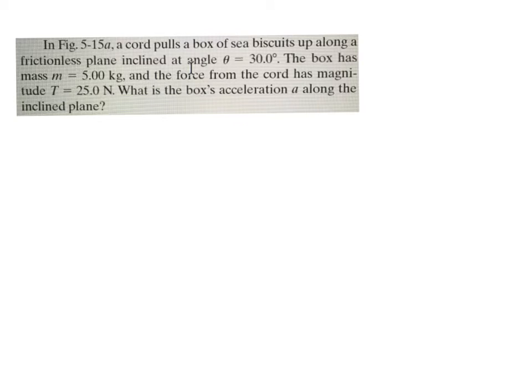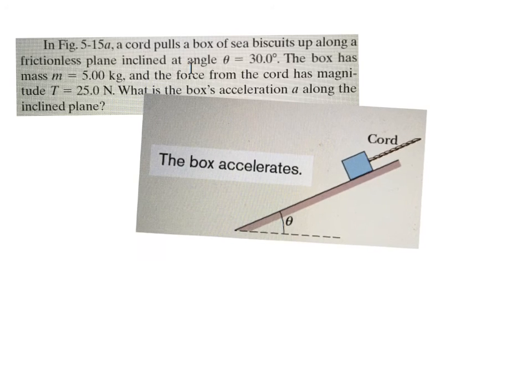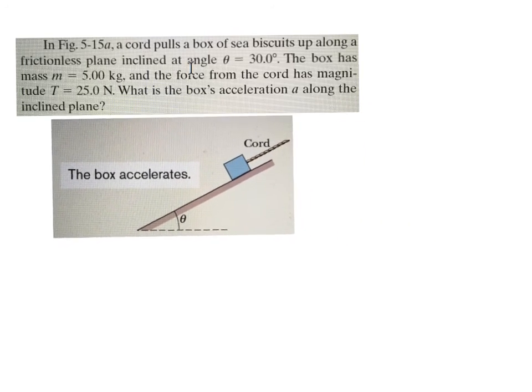Why does it specify that it's a box of sea biscuits? This book has a tendency to do that. You notice that? They have the weirdest examples. There was one where a hoodlum throws a brick through a window vertically downward.